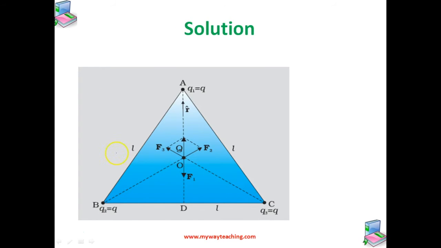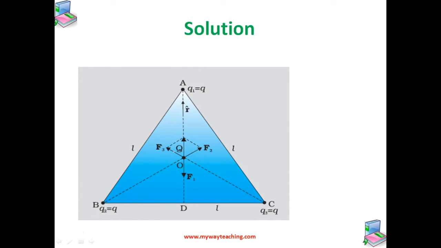So here they have placed the charge Q at the centroid, and we should find the force on this charge due to the other charges Q1, Q2 and Q3 placed at the vertices of the triangle.